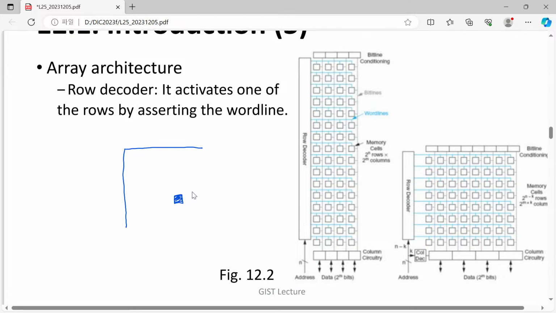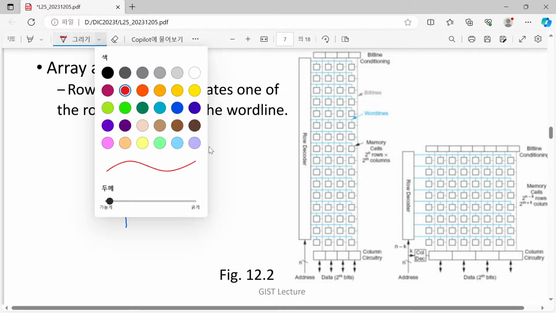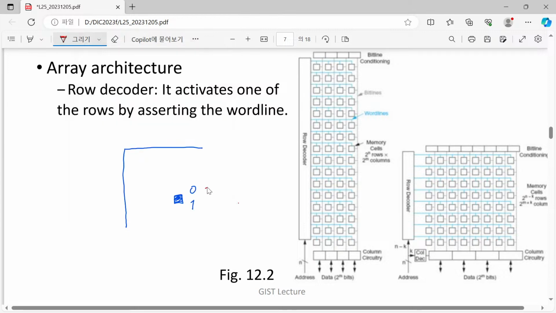For example, here we write 0 or 1. Then we want to read whether this is 0 or 1. Or sometimes we want to overwrite regardless of the value of 0 or 1, and now we want to overwrite it to 1. That is possible using this array architecture.